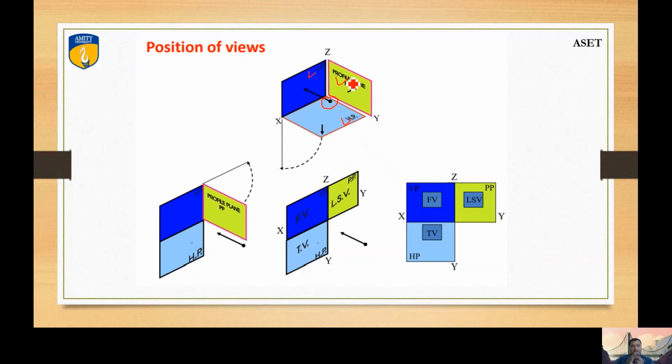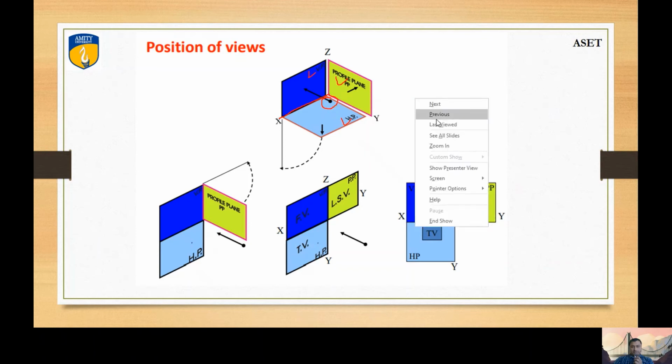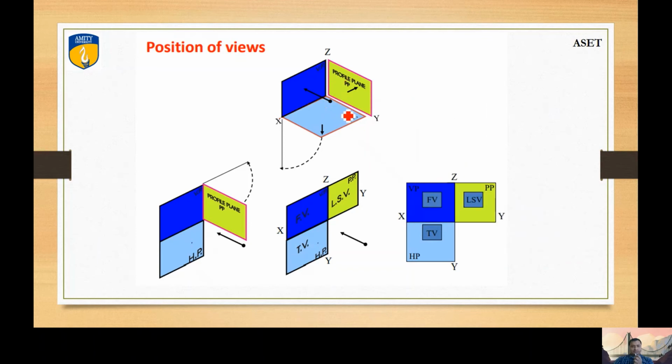Just understand the concept, how the planes are going to be rotated, and where the front view, the top view, and the side view are going to be obtained in the first angle with respect to XY, the reference axis. So this is HP, this is VP, this is the profile plane, and this is XY, right? So this is my object. Just imagine and visualize, this is my object, right?